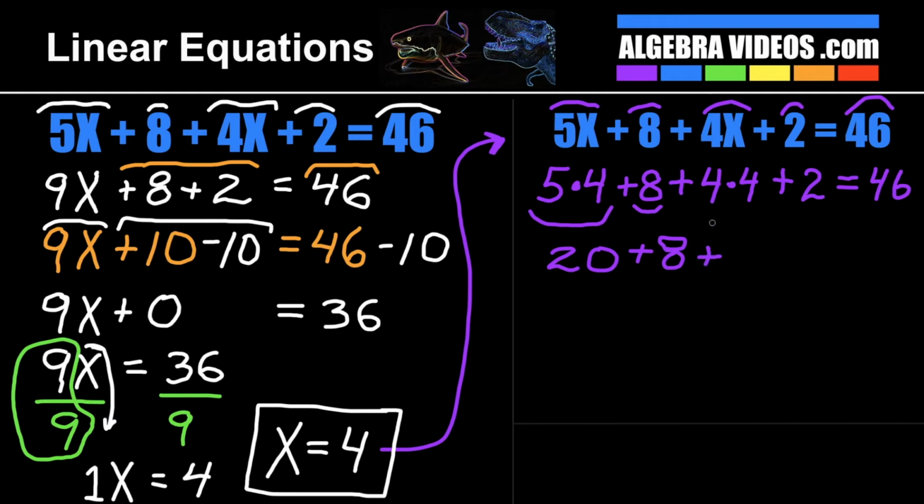Plus, this term right here is 4 times 4. What's 4 times 4? 16. All right. Plus, and then the last term here is a 2. So I'll just rewrite the 2. No change. And that equals, on the right side, my favorite number, 46.